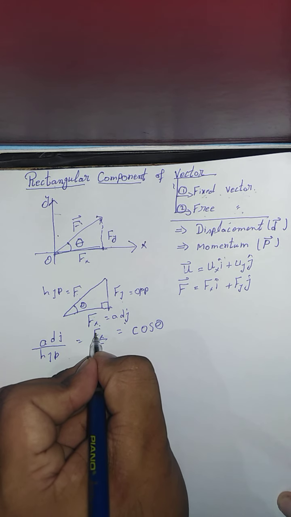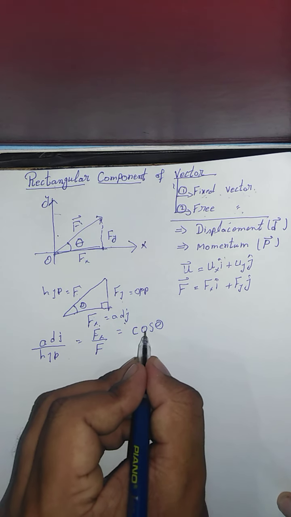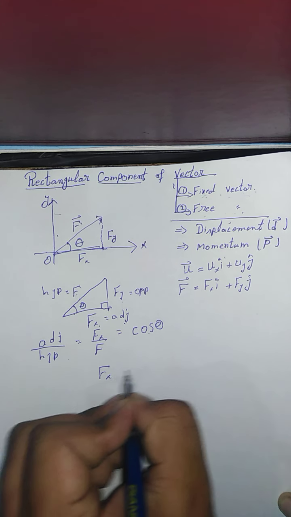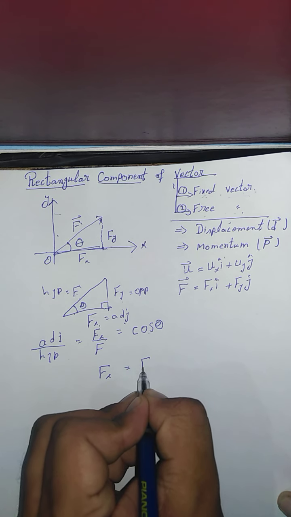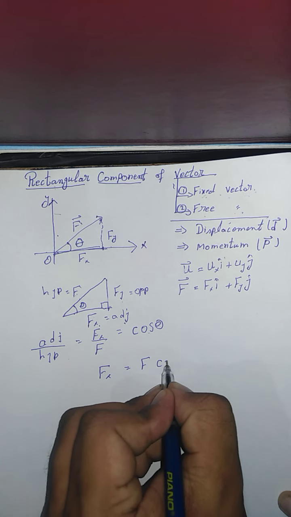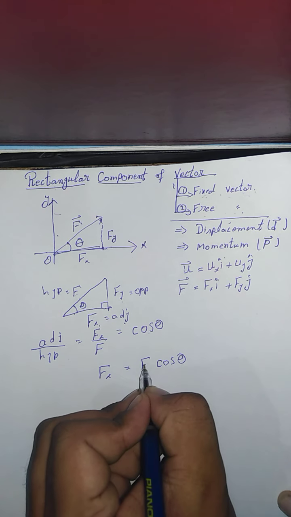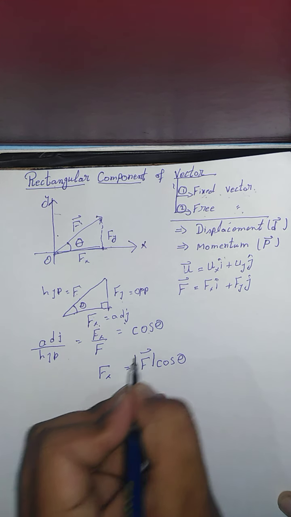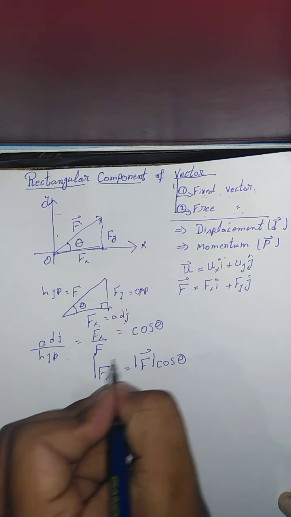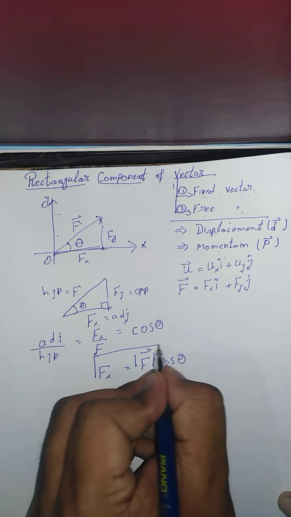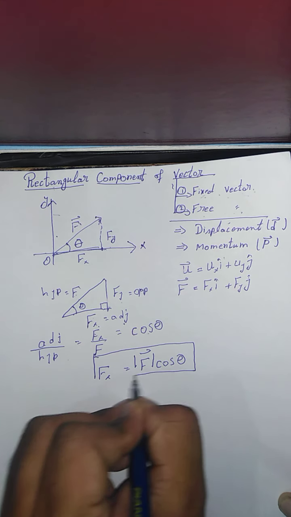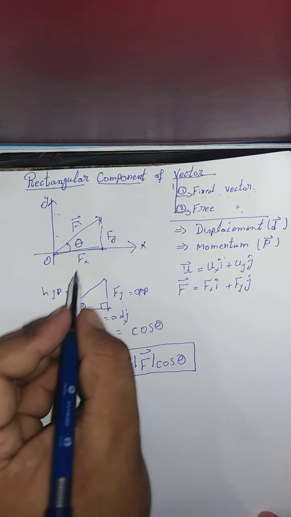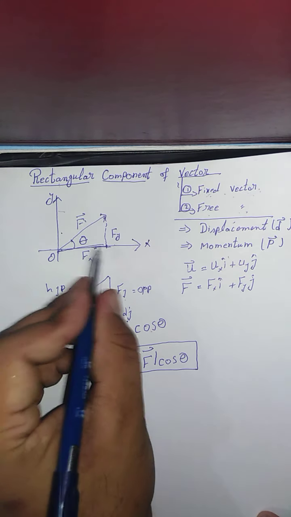We want to find the value of Fx, so multiplying by F on both sides, we get Fx is equal to F cos theta. We use the magnitude of the vector force to find the value of the rectangular component on x-axis. This is the x component of the force.